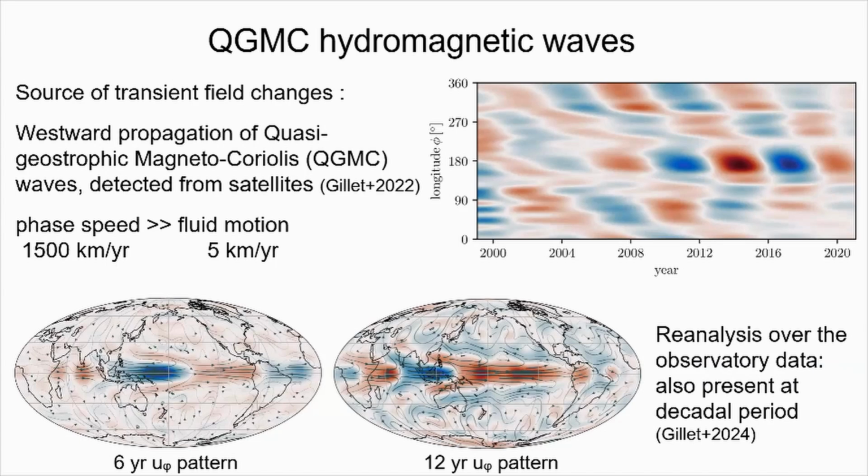So there was no reason for the 6-year signal to be a single isolated wave in the core. There is a good reason to think that these waves populate the spectrum of the magnetic field also on longer time scales. We now have some evidence for decadal changes, and Julien was mentioning potentially pluridecadal periods for similar waves yesterday.